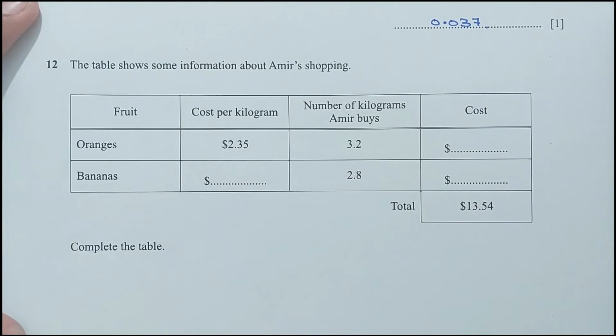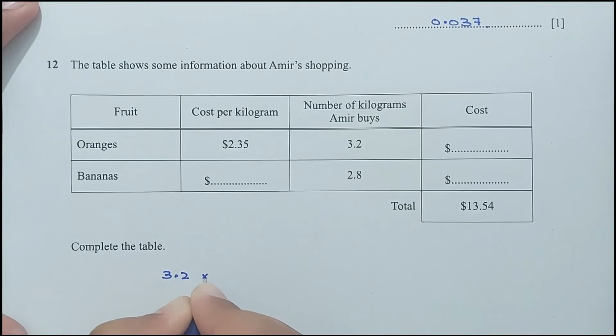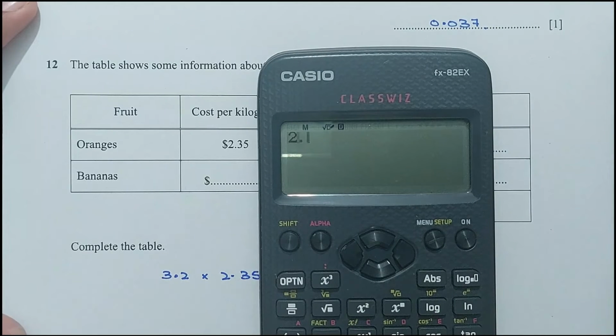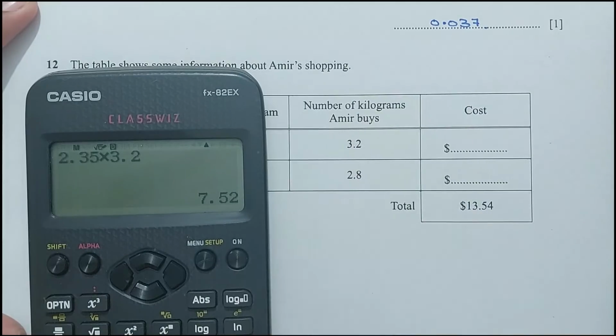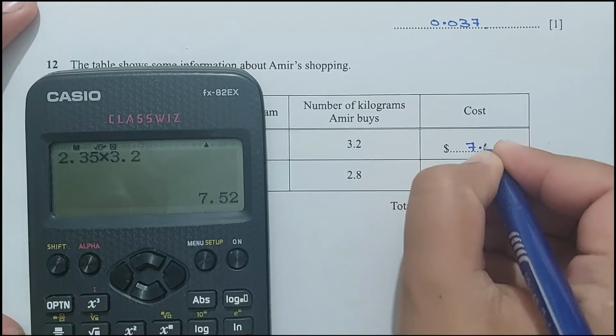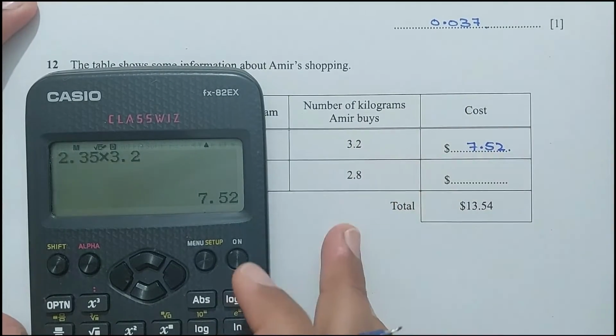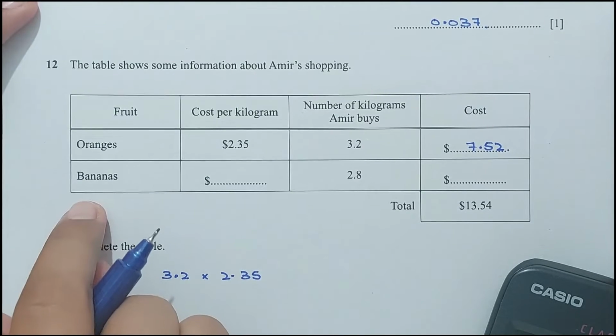We have to find the total cost, right? So that is 3.2 times 2.35, that is $7.52 is the total cost of oranges, right?